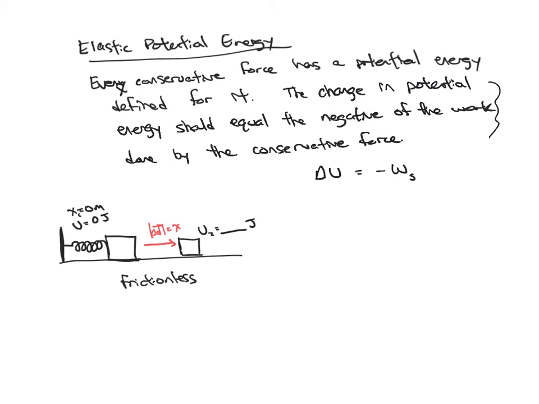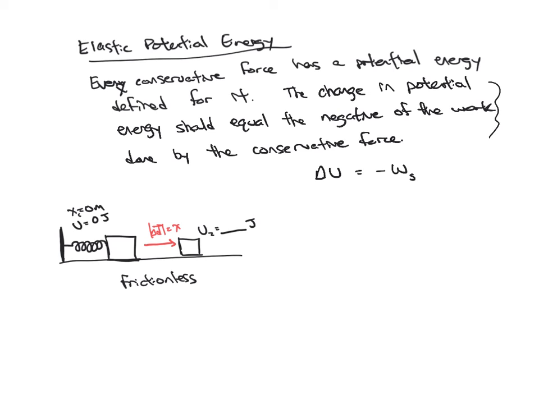The force I pulled the block with was going against the spring. So the spring is actually doing negative work when I pull this block. But the applied force is doing positive work, and the applied force is storing up the joules in the spring. That's not a really good explanation, but that's the best I can do for now as to why the negative sign is there.